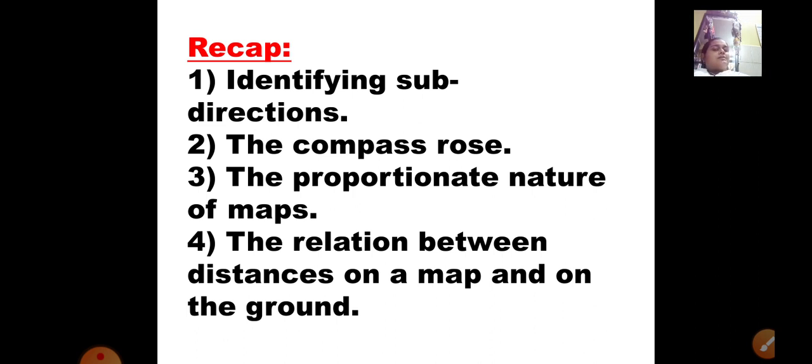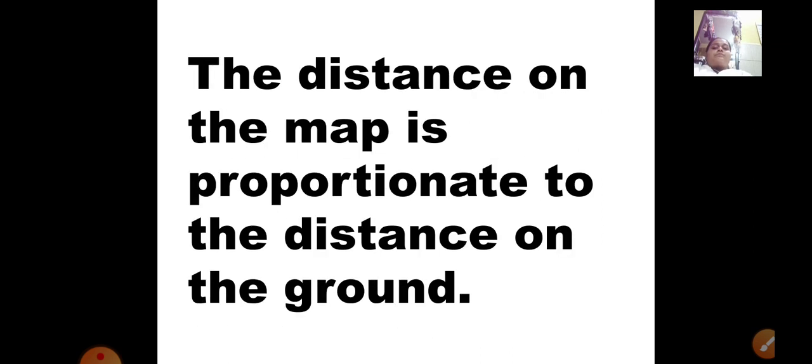Even though the distance on the ground is much, if it is 100 kilometers, on the map it will be 100, only the shape and the size will matter. The distance on the map is proportionate to the distance on the ground.